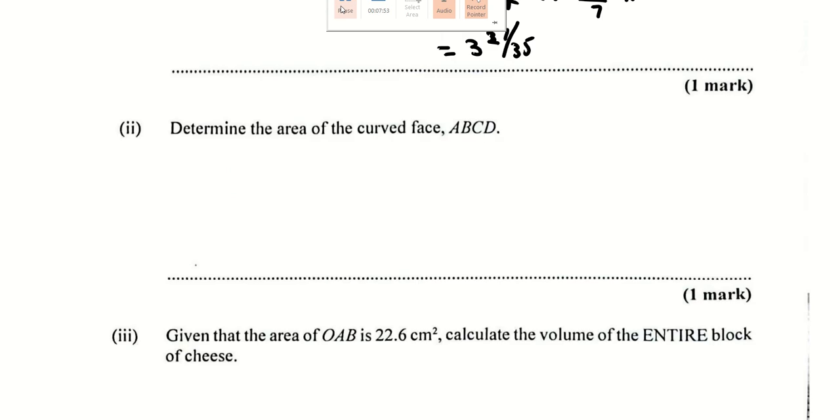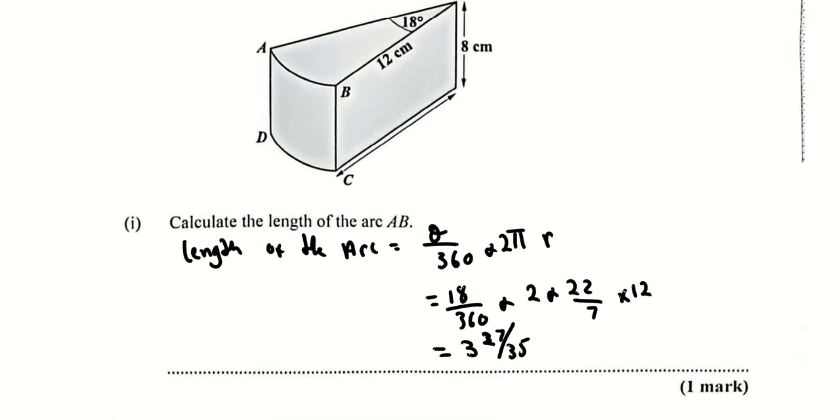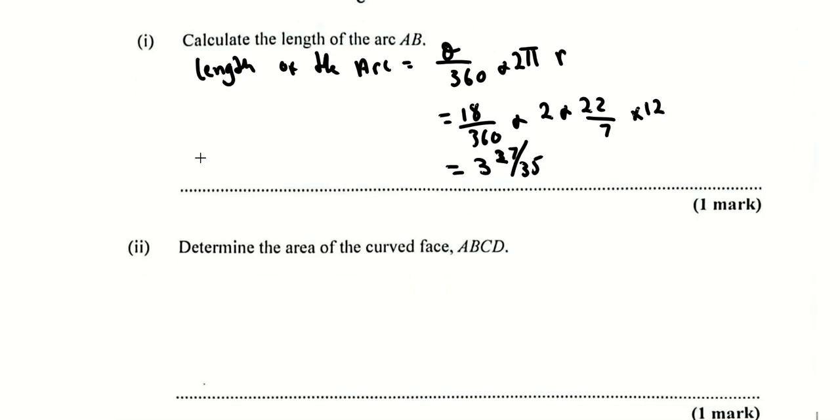So now I want to determine the area of the curved surface ABCD. Now if you look at that surface there, what shape is it? A rectangle. Area of a rectangle is length times breadth. Length, which is AB, would be 3 and 27 over 35, and breadth or width would be 8. It could be vice versa, right? So it would be length times width or breadth, which is 8 multiplied by 3 and 27 over 35.